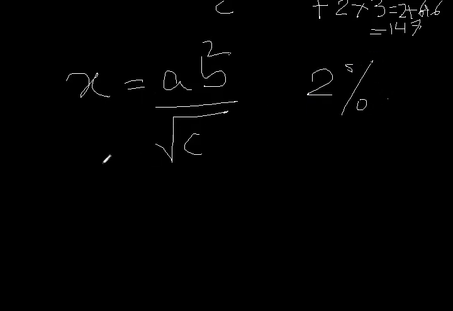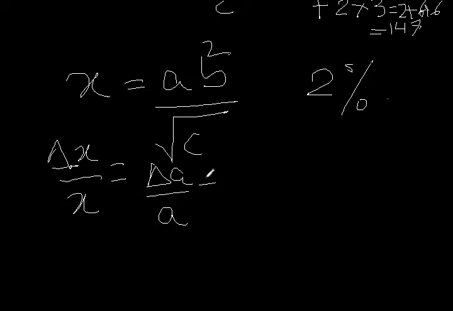So you just try whether you can write it right now with me. So yes, are you writing del x by x? That's what you should write. You should write del a by a. Well, what should you write? 2 del b by b. You are absolutely right if you are putting it this way. And what about c? I hope you know the power of root over is half.